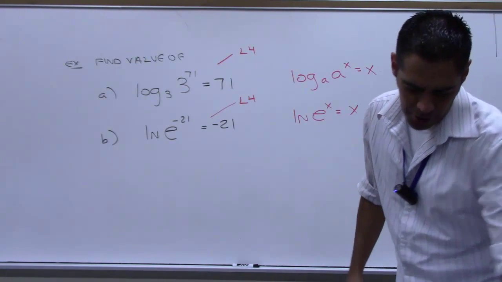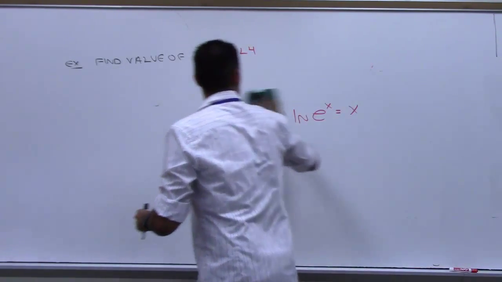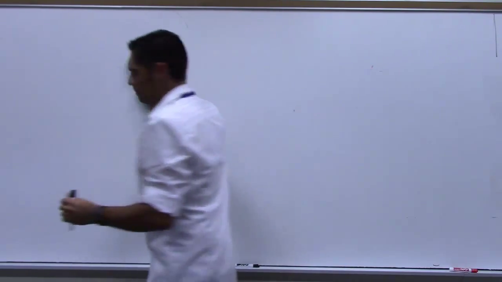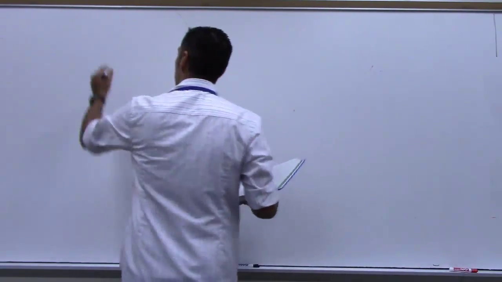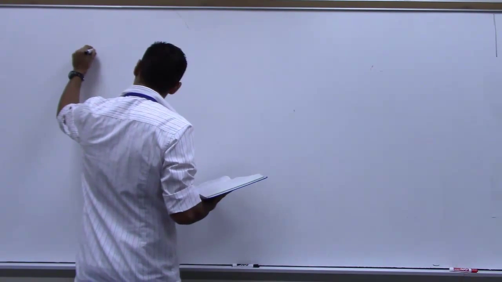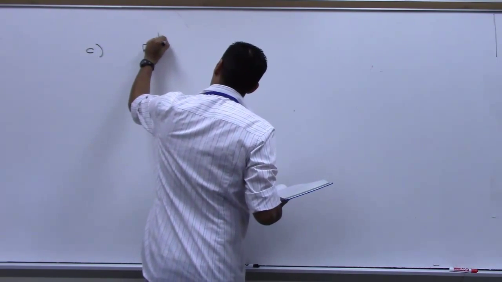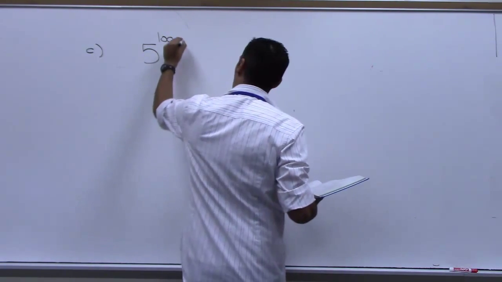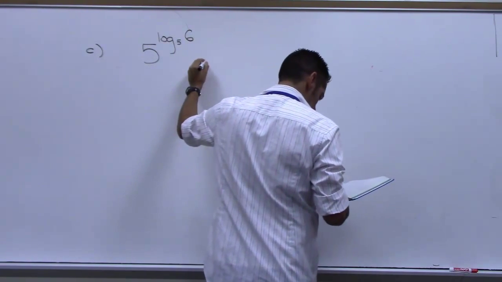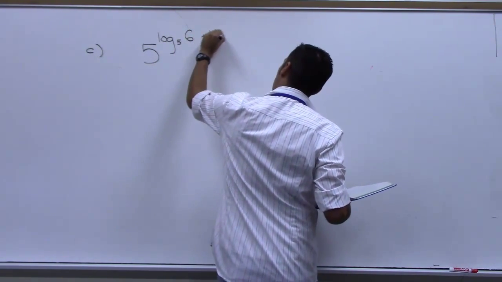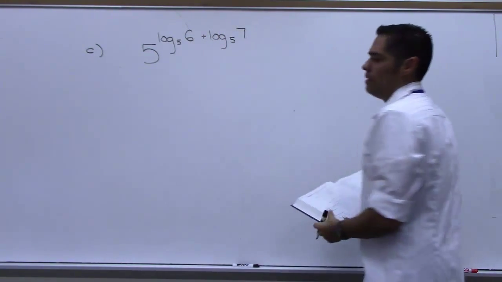Okay, let's try something a little more challenging. All right, so next one for C, we'll call this C. 5 raised to the log base 5 of 6 plus log base 5 of 7.